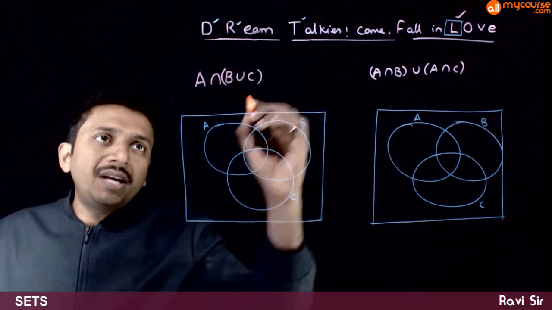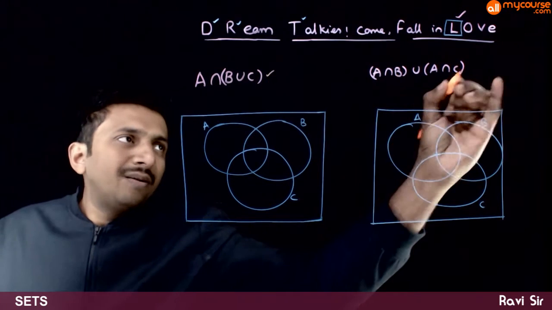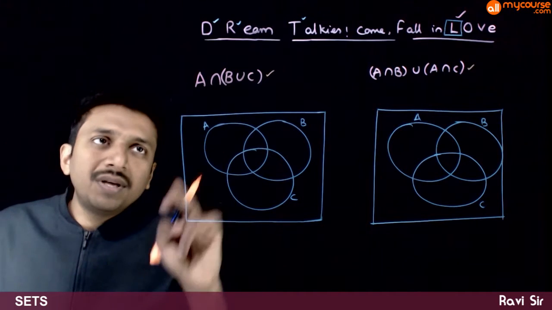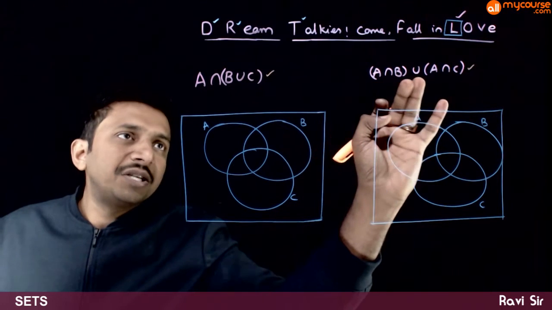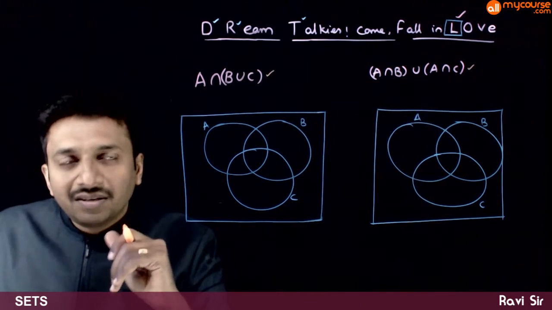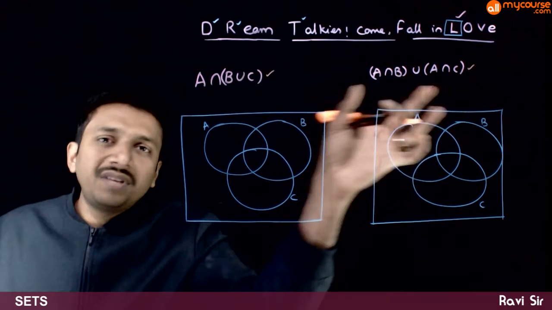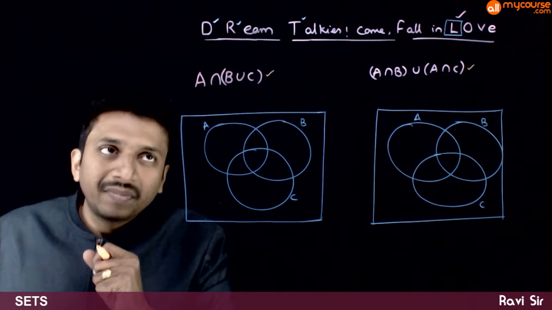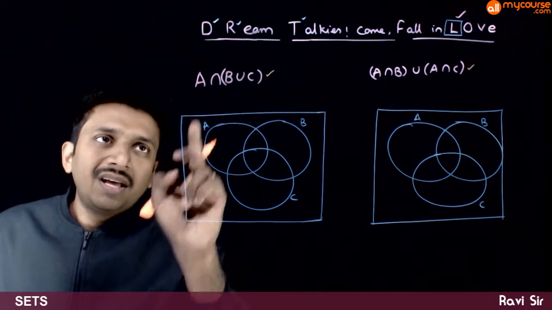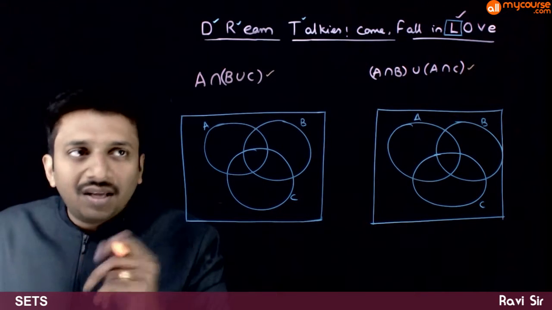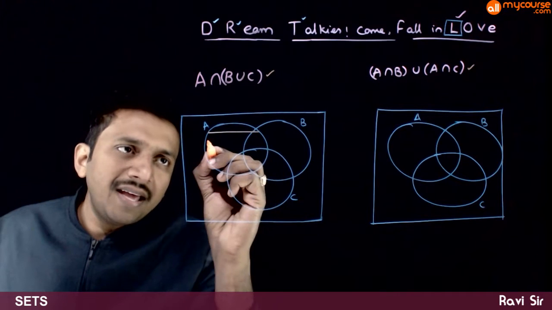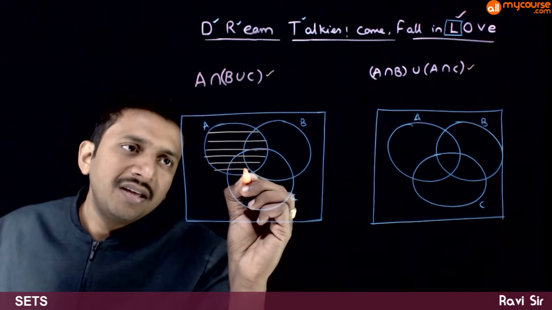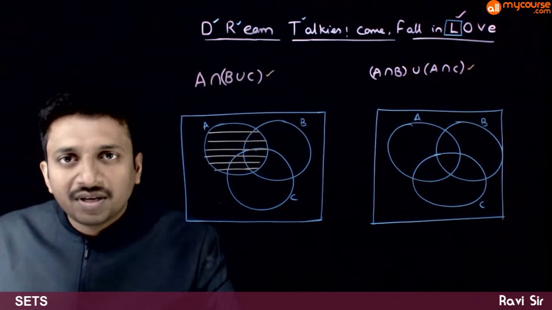Now let us try to prove one of the distributive laws, that is A intersection B union C and A intersection B union A intersection C. Let us see whether both of these sets represent the same area in the Venn diagram. What does A intersection B union C represent? What is A? A is this set, so I am shading A using horizontal lines.